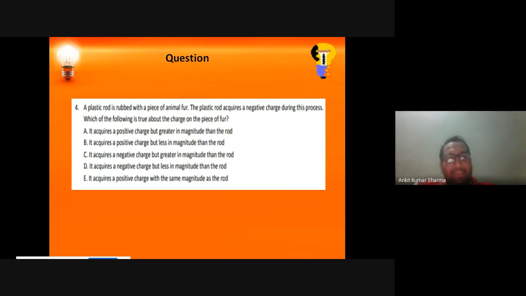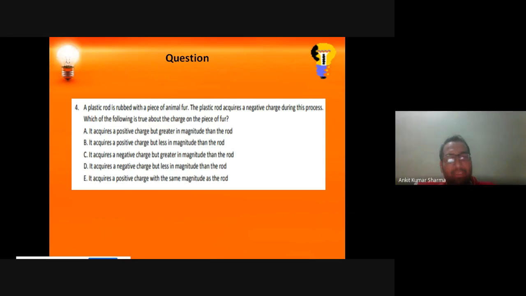Option A: it acquires a positive charge but greater in magnitude than the rod. Option B: it acquires a positive charge but less in magnitude than the rod. C: it acquires a negative charge but greater in magnitude than the rod.